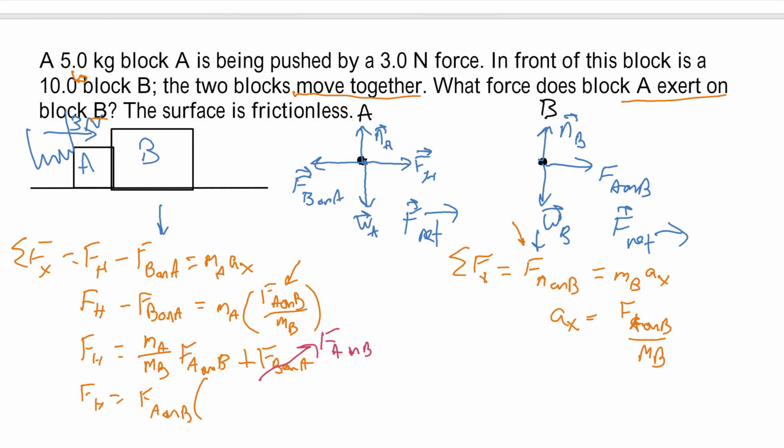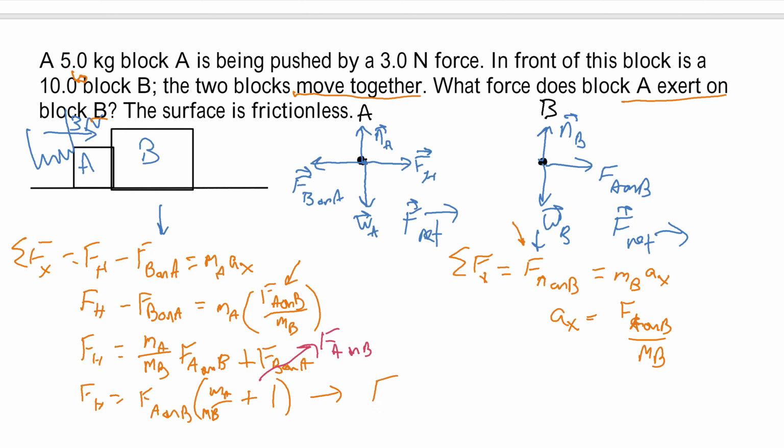Open up parentheses and what's left over. We have MA over MB plus 1. And now I can divide by this leftover thing after I pulled out the GCF, and that will leave me with FA on B all by itself.